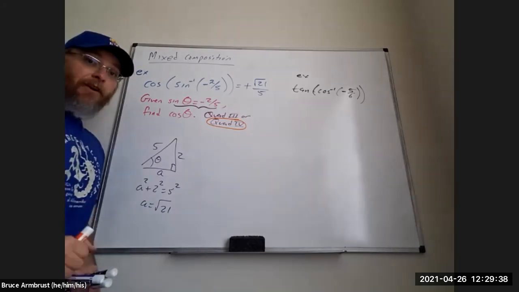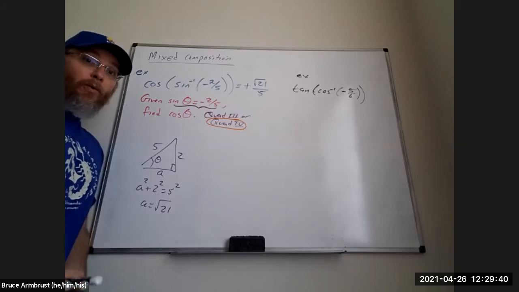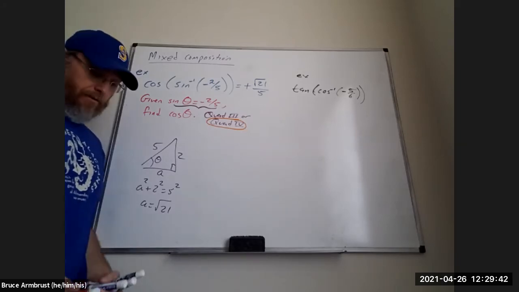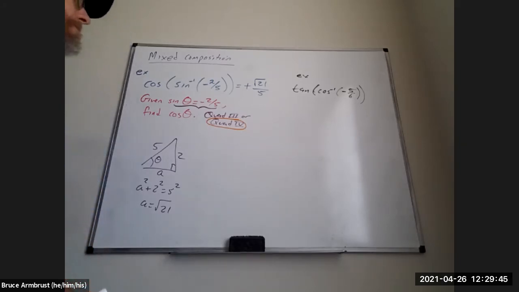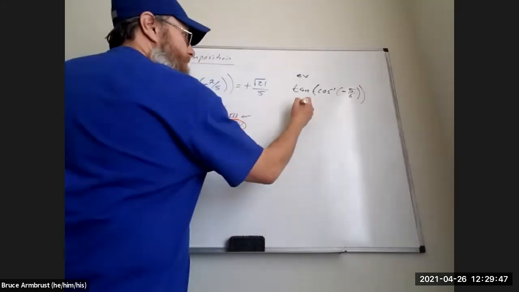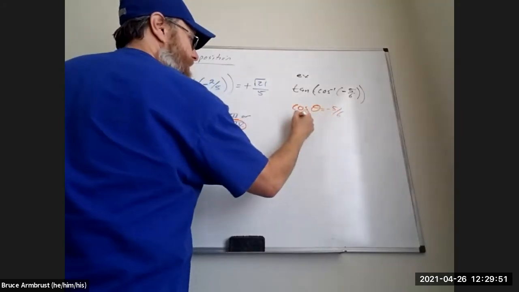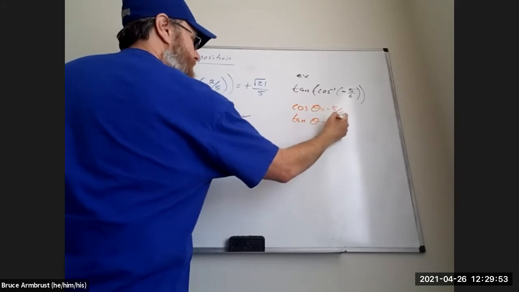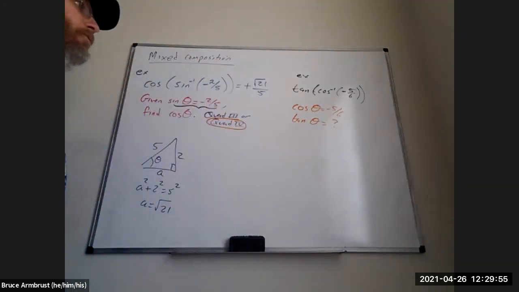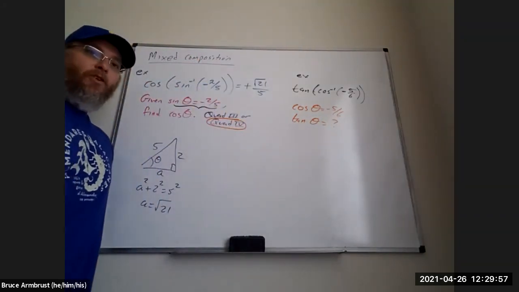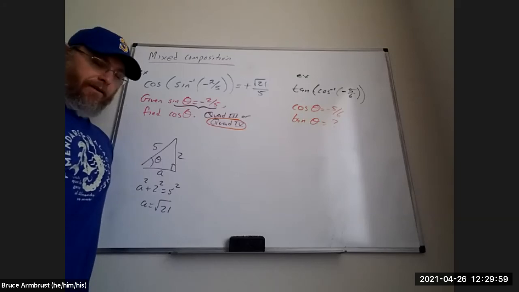So first things first, let's figure out where we are. Okay. So we know the cosine of theta is equal to minus 5/6. And again, we're trying to figure out what is the tangent of theta. Well, let's figure out what quadrant we're in. So what quadrant is theta in?